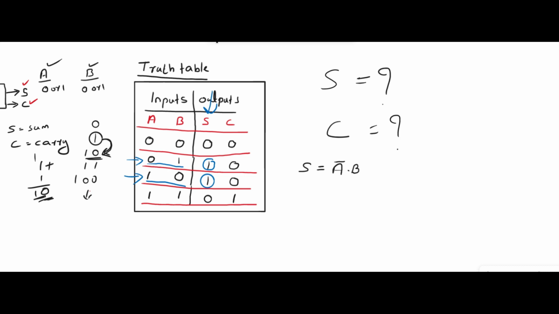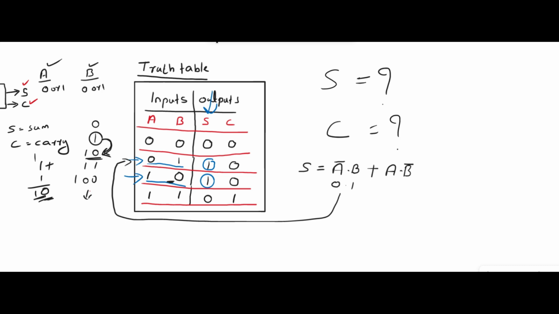Sum is 1 when A is 0 and B is 1. So either in this condition, or in the next condition, that is OR, which is plus, when A is 1 and B is 0, that is B bar.